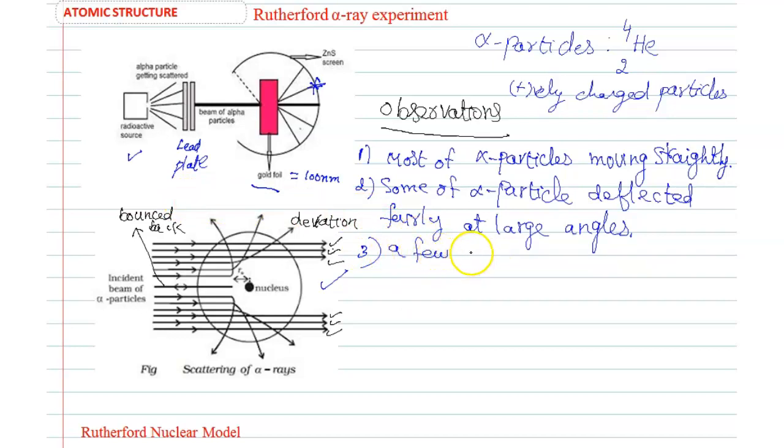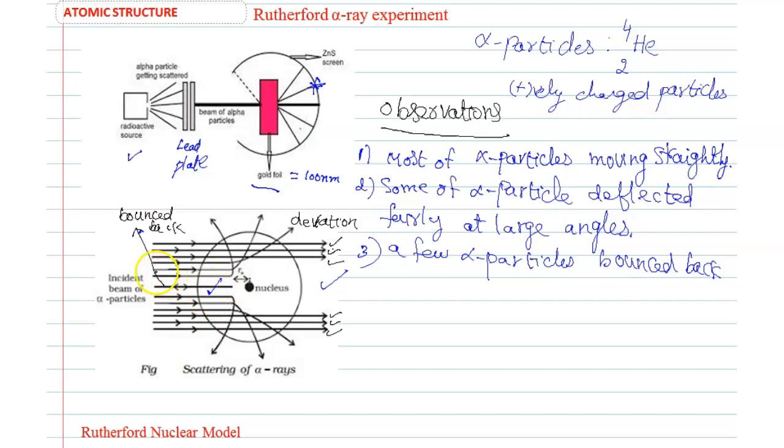And a very few alpha particles bounced back. Bounced back means with 180 degrees it is going back. See this here, this one, I gave a tick mark on that line.